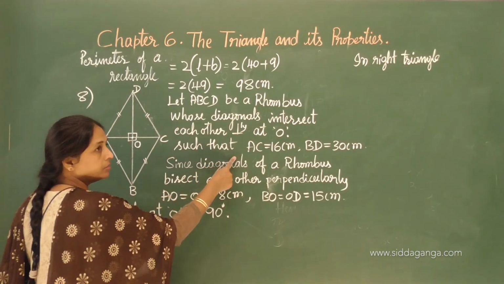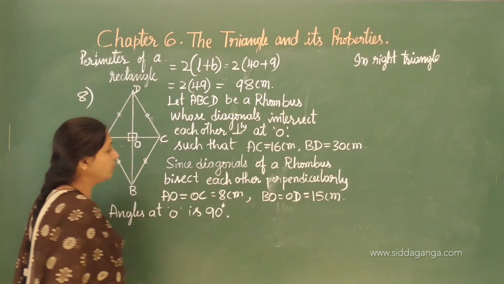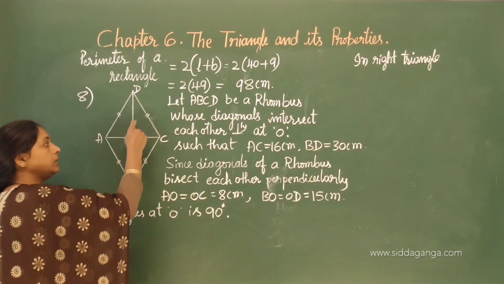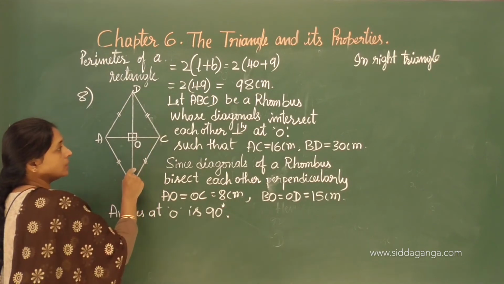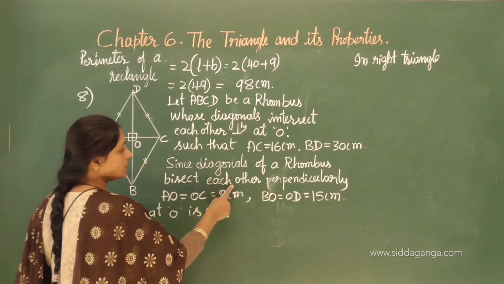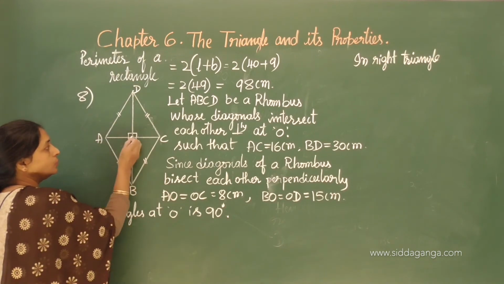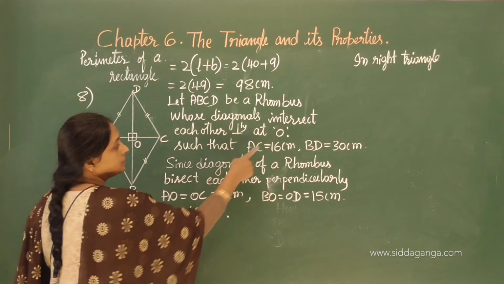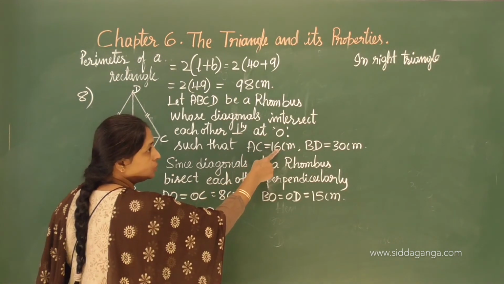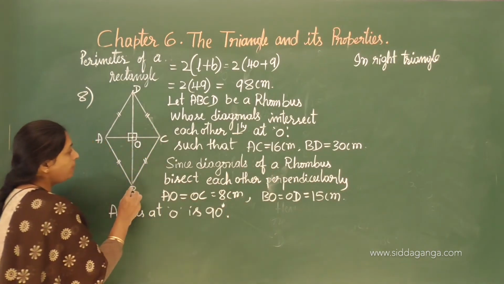Since diagonals of a rhombus bisect each other, AO and OC are equal, divide 16 by 2, we get 8 centimeter.